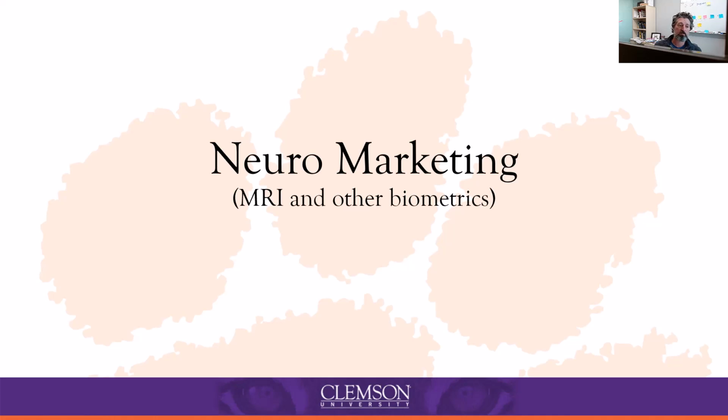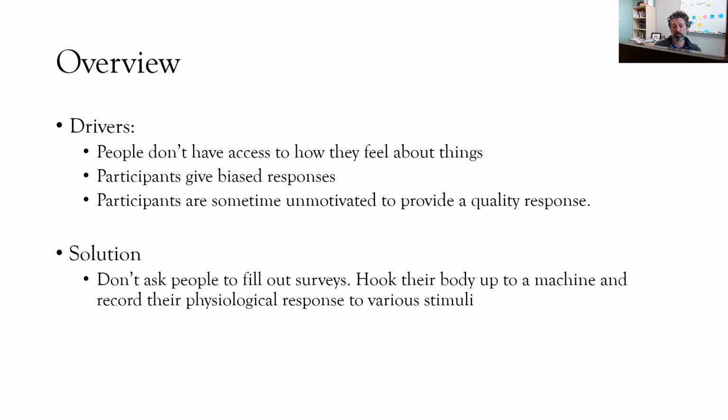There are other ways we can plug people into machines, so other biometrics. The driver behind these is that people don't always answer surveys accurately for a number of reasons. If we hook them into a marketing research machine, that bypasses a lot of the demand effects, biased responses, self-presentation motives, and all the kind of stuff that gets in the way of accurate research.